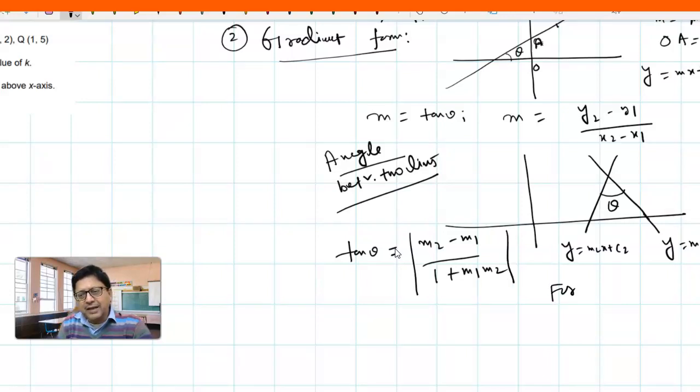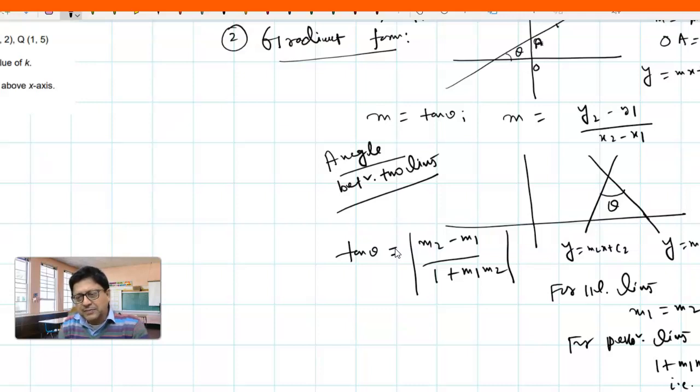And for parallel lines, m1 will be equal to m2. For perpendicular lines, 1 plus m1 m2 equal to 0, that is m1 into m2 equal to minus 1 for perpendicular lines.